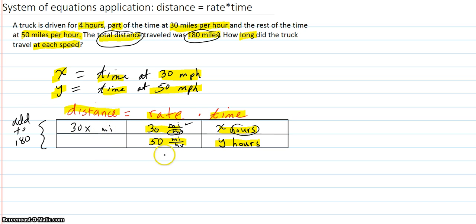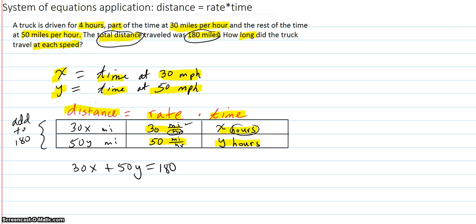And then down here you multiply across also, 50 miles per hour times y hours, cancel out the hours, and it gives you 50y miles. And then we're supposed to add those to get the total 180. Like this.